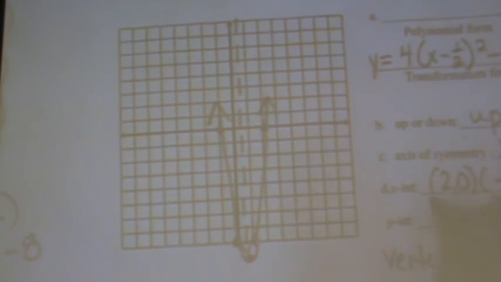So that's polynomial form, which means your y-intercept is (0, -8). And then we have another point across, and there is your graph. Your equation for polynomial form is y equals 4x squared minus 4x minus 8.